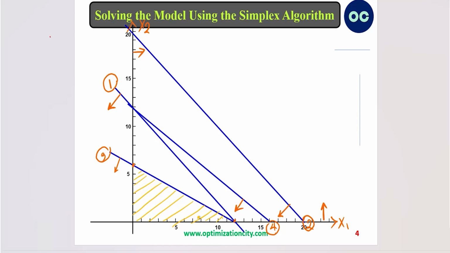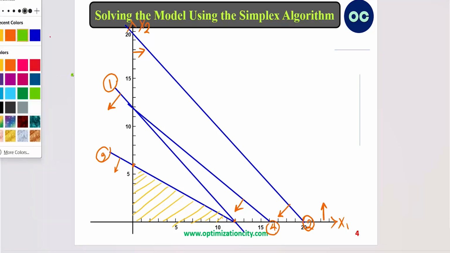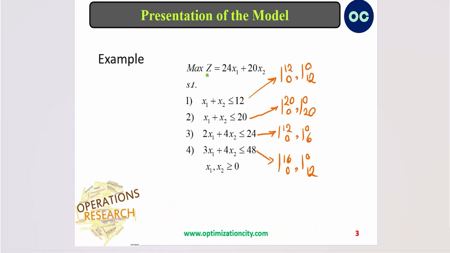Next, we graph the objective function for two values, with another color, like green. For z equal to 24, we have 2 points, 1, 0 and 0, 1.2. For z equal to 96, we have 2 points, 4, 0 and 0, 4.8.